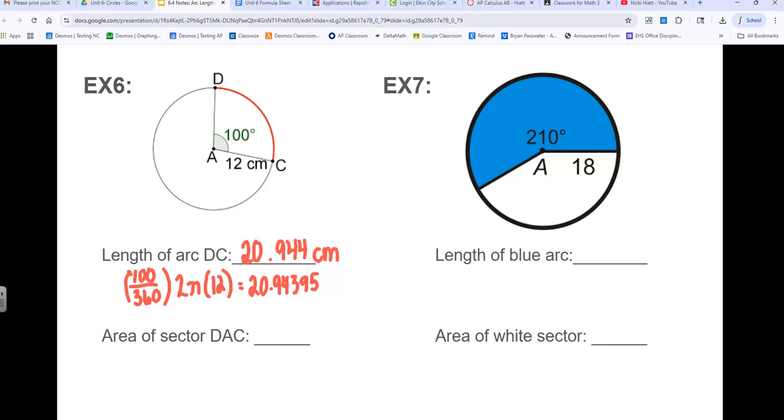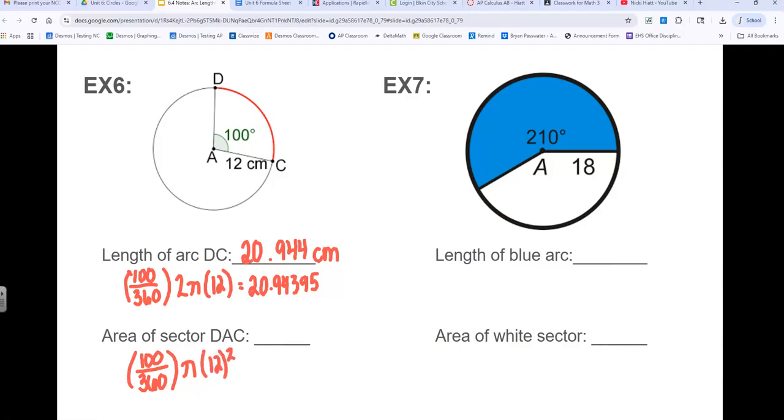The other part of this question asked me for the area of sector DAC. So DAC is going to be this area here. So it's still going to be 100 divided by 360, but this time it's going to be a fraction of our area. So I'll multiply that by pi times 12 squared.